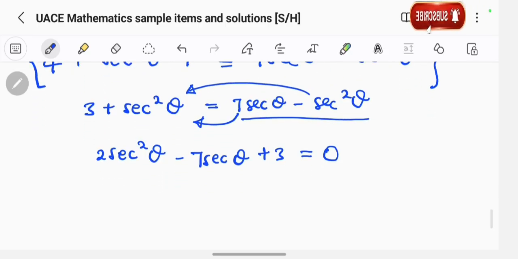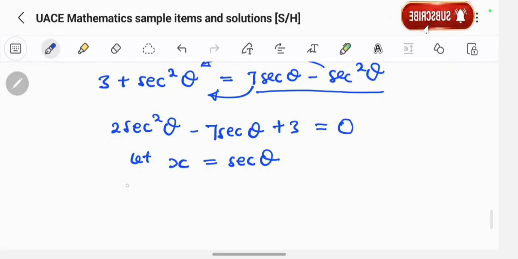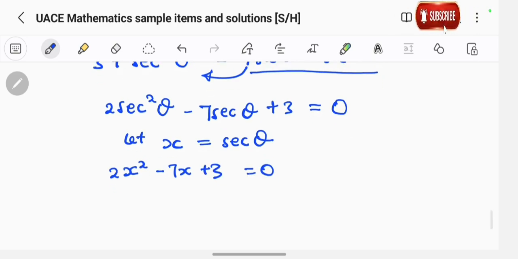There is nothing there. So after forming this, I'm going to let any unknown, maybe x, let x be equivalent to sec theta. So when I insert x, it's going to be 2x squared minus 7x plus 3 is equal to 0.